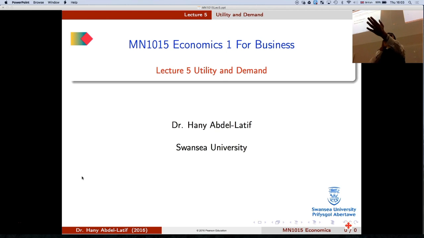When I ask you what you want, you want everything. But when it comes to what you can, then you start looking in your pocket and your wallet, how much I have. These are two different things, and we need to understand this. If you want to understand the way consumers make decisions, then you need to understand all of this. Keep this in mind, okay?